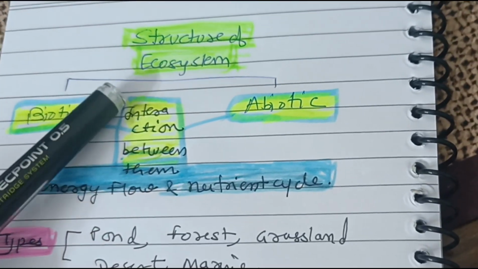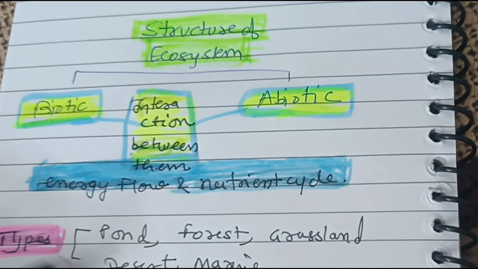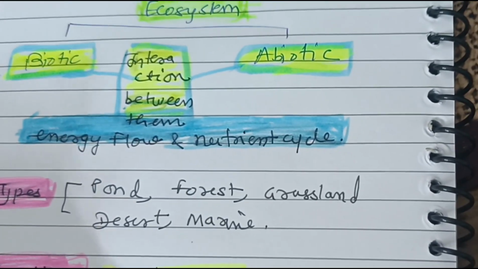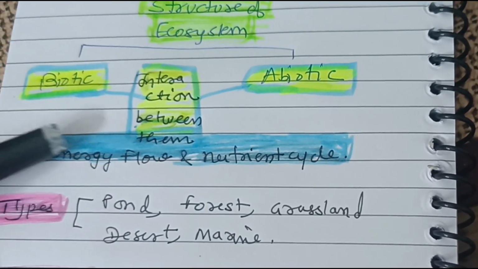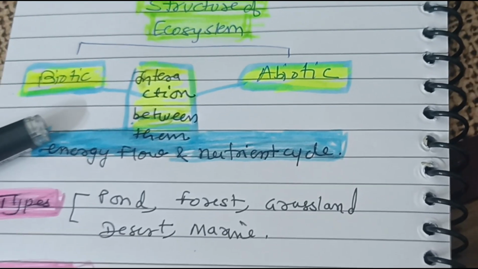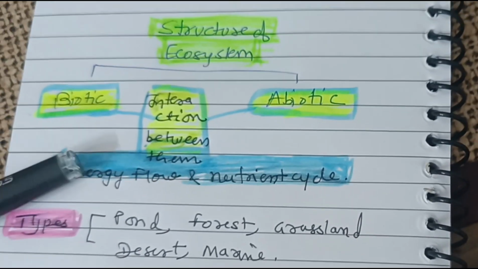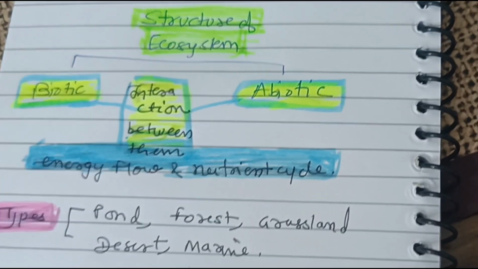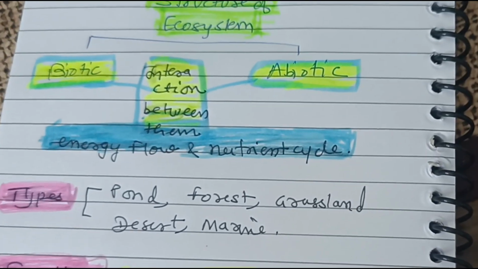So there are various types of nutrition cycle, like biogeochemical cycles. The movement of nutrition between living and non-living components we can know by this nutrition cycle. There are major cycles like the carbon cycle, nitrogen cycle, phosphorus cycle and sulfur cycle.